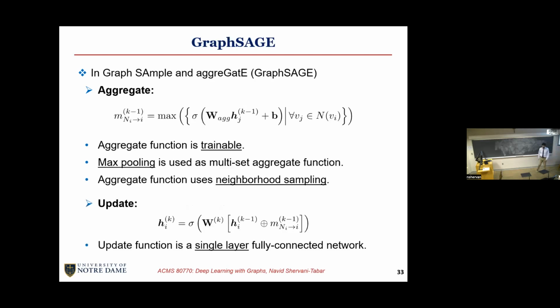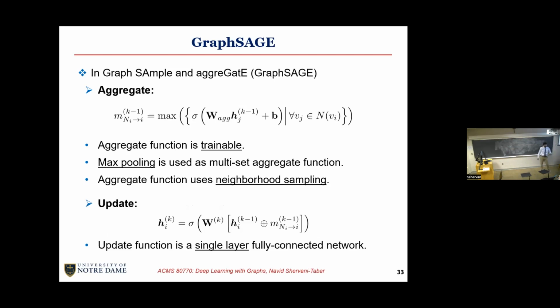All right. So the next one is GraphSAGE, in which we have improved the graph convolution network by making the aggregation trainable. So aggregate has some weights of its own. It applies those on the input embeddings, and then it applies some multi-set aggregation function.